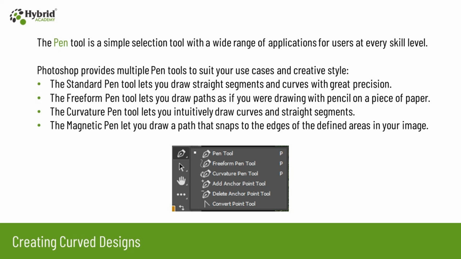The standard pen tool lets you draw straight segments and curves with great precision. The freeform pen tool lets you draw paths as if you are drawing with a pencil on a piece of paper. The curvature pen tool lets you intuitively draw curves and straight segments. The magnetic pen lets you draw paths that snap to the edges of defined areas in your image.